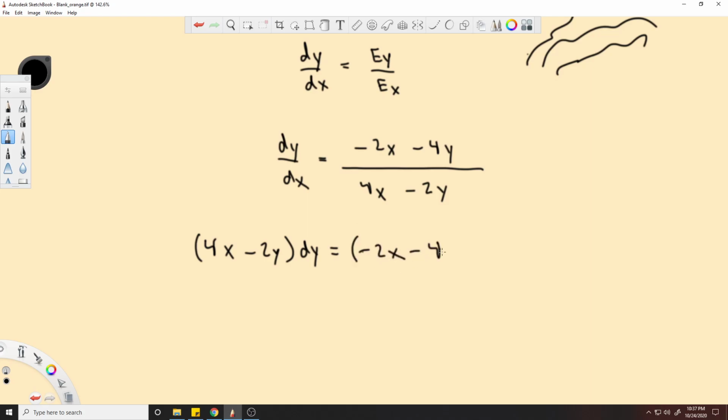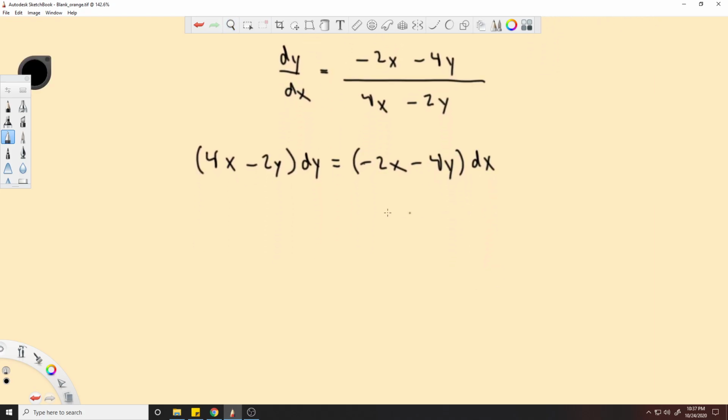Minus (2x minus 4y) dx. We'll distribute these dy's and get rid of the parentheses.